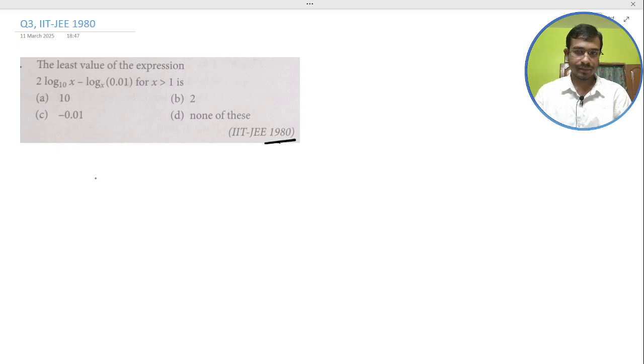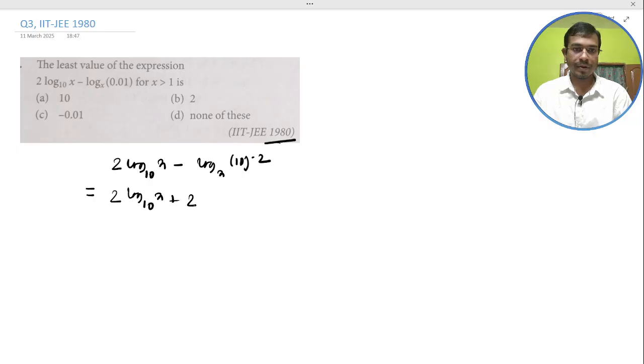Here it is given 2 log 10 to the base x minus log x to the base 0.01, where 0.01 means 10 to the power minus 2. This is written in the form twice log 10 to the base x plus 2 log x to the base 10.